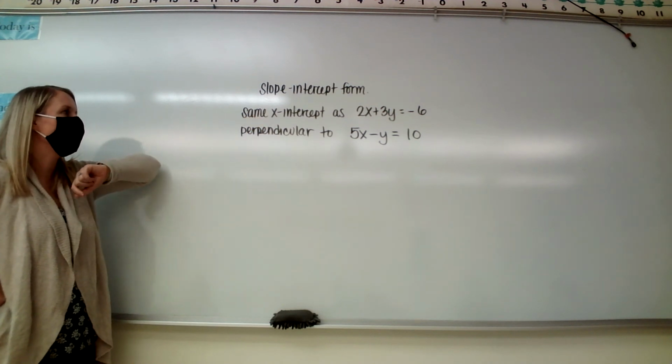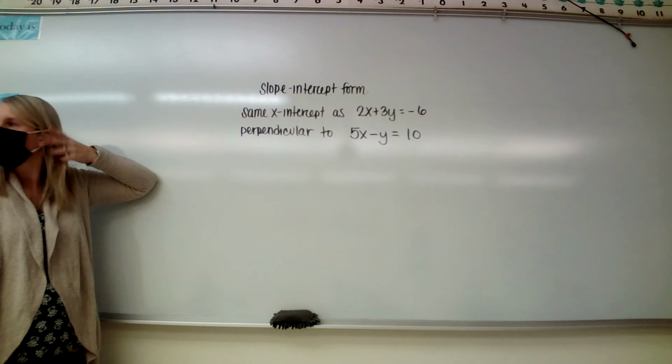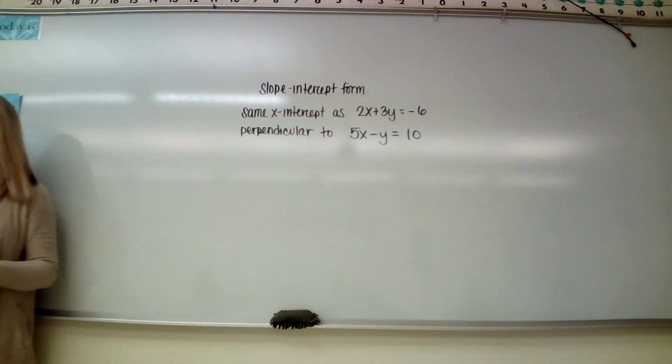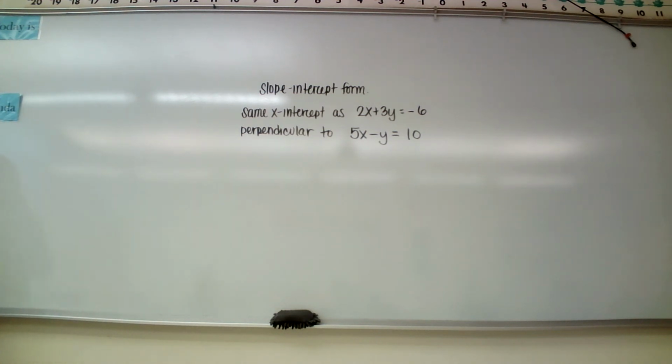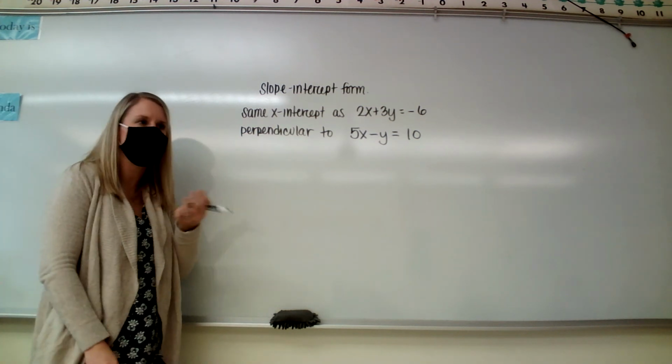So how do I find the x-intercept of something? You make y 0. Perfect. Anytime you're looking for an x-intercept, you plug in a 0 for y, or you cover the y and you solve for x.